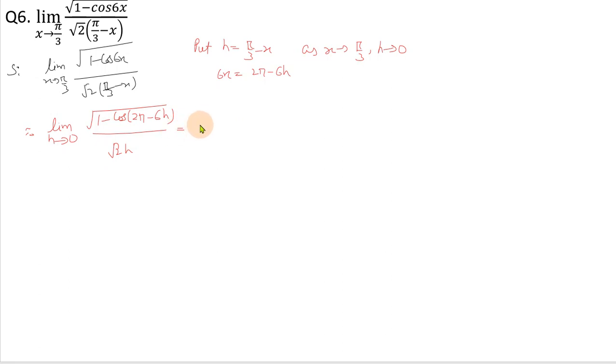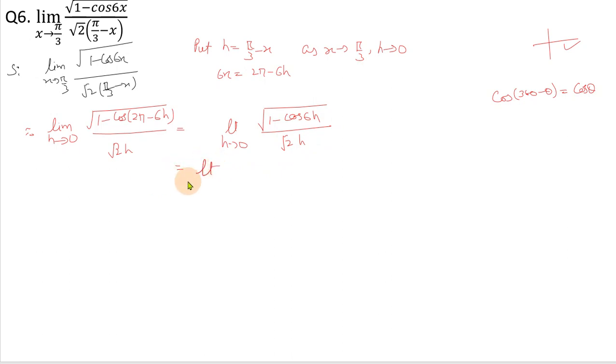Now we use the formula of cos 2x. First we can change cos(360 minus theta); the value goes into the fourth quadrant, so it is cos theta. So here we get root of (1 minus cos 6h) upon root 2 h.